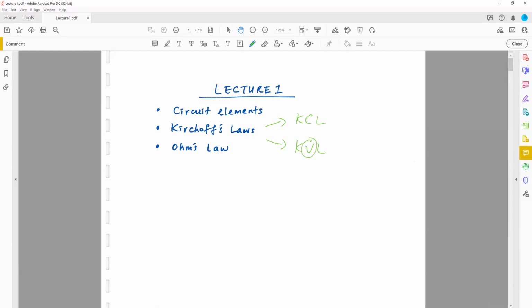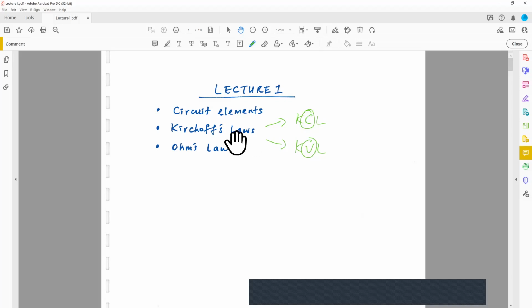One deals with voltage, while the other one deals with current. These two laws are very important; you're going to see them very often throughout the course. So now I'm going to move on to the first part of the lecture.